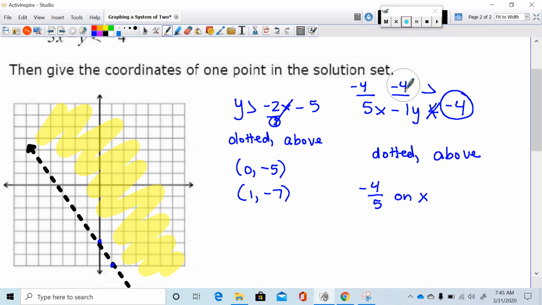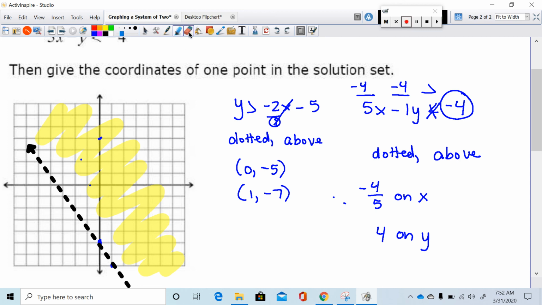And then for the y, negative 4 divided by negative 1 is a positive 4, and that's stuck to y, so that's on the y-axis. Okay, so negative 4/5 on x, that's almost to negative 1, so I'm going to put it about right here. And then on the y, 4, 1, 2, 3, 4 on the y.